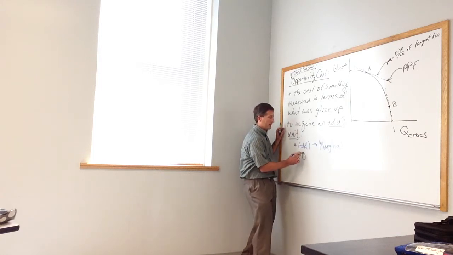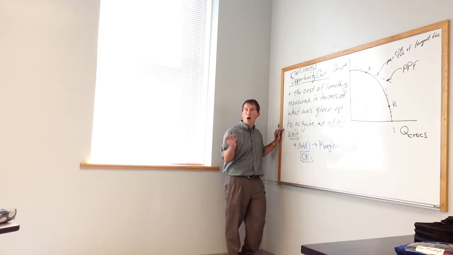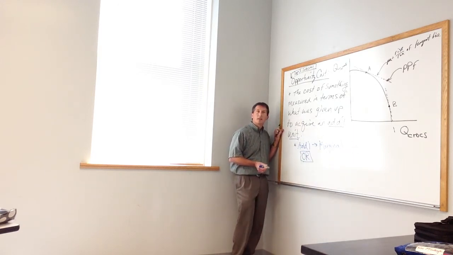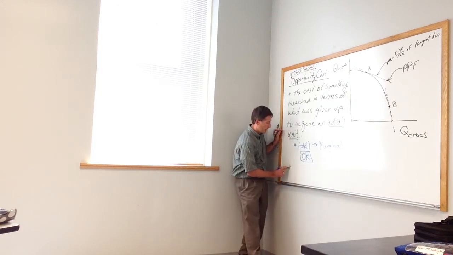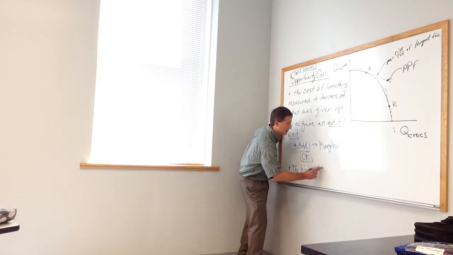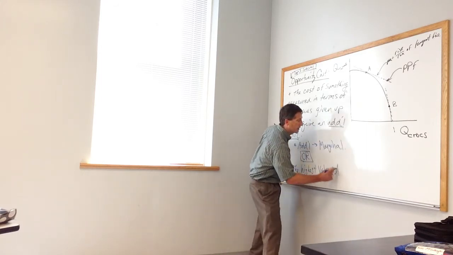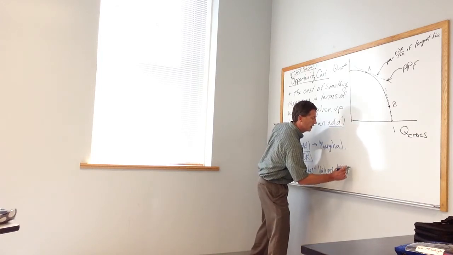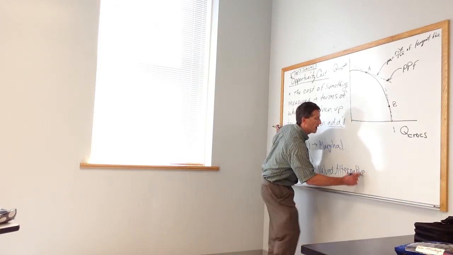So I also want to give you an alternative, simpler definition that's more broad and general. Simply the highest valued alternative foregone. So opportunity cost can be thought of as the highest valued alternative foregone.